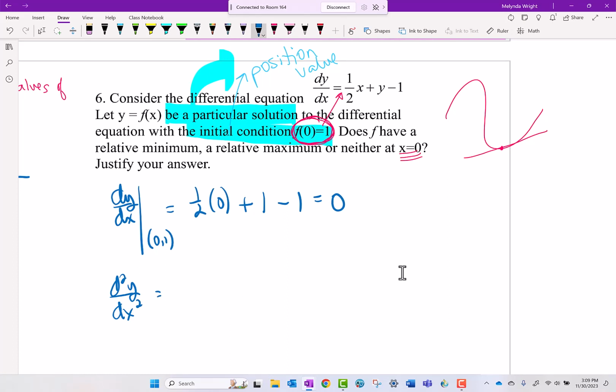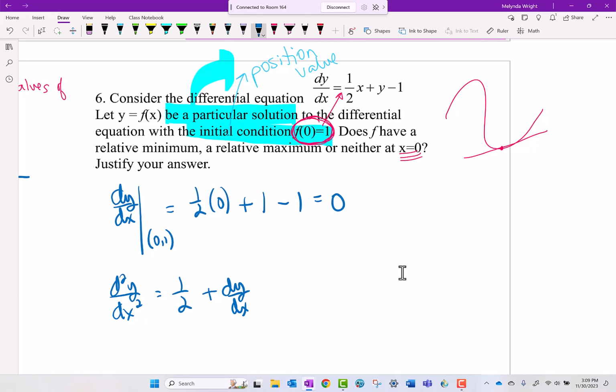The derivative of 1/2 x with respect to x is 1/2. The derivative of y with respect to x is 1 dy dx. And the derivative of -1 is 0. Okay, that looks weird, doesn't it?